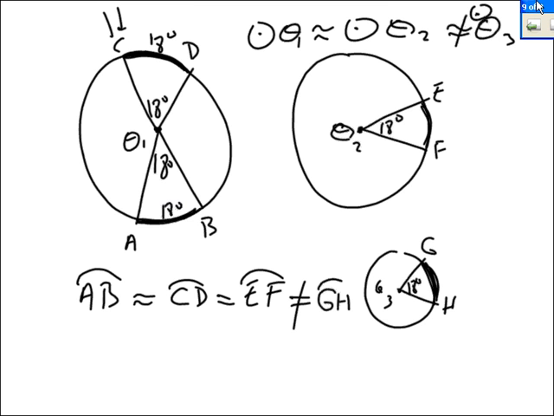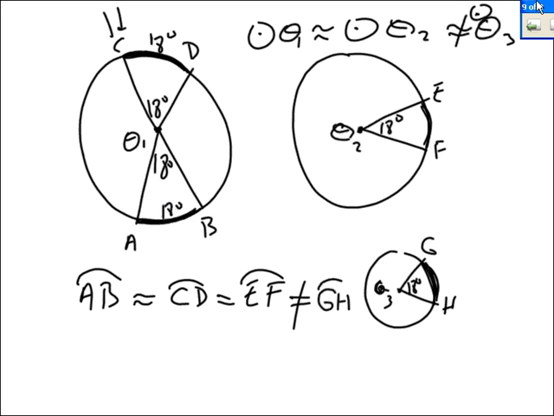If they come from circles with the same radii, and they have the same central angle, well then, yeah, they're congruent.